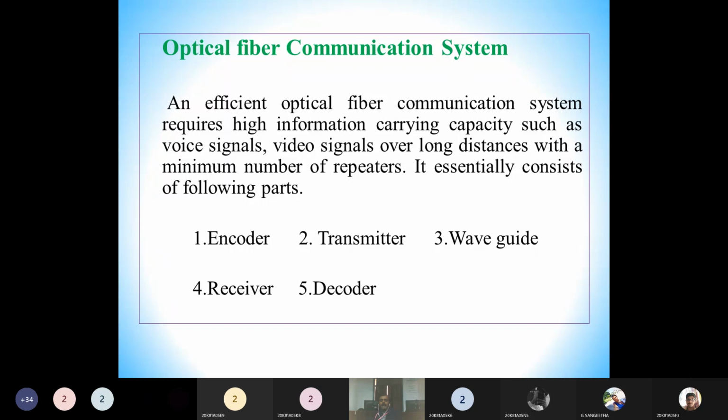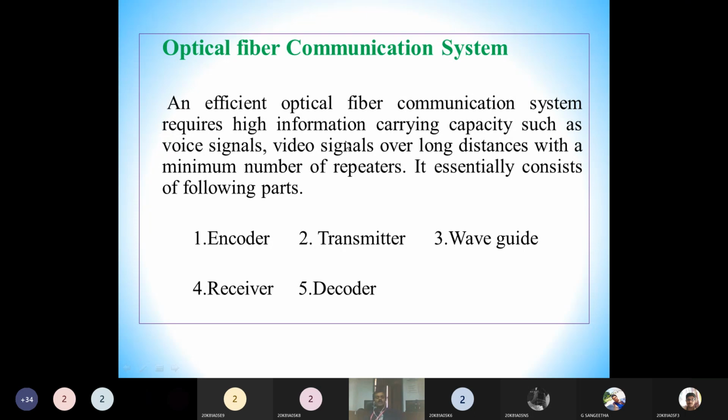An efficient optical fiber communication system requires high information carrying capacity, such as voice signals and video signals, over a long distance with a minimum number of repeaters. It essentially consists of the following parts. So the optical fiber may transmit voice signals and video signals over long distances.